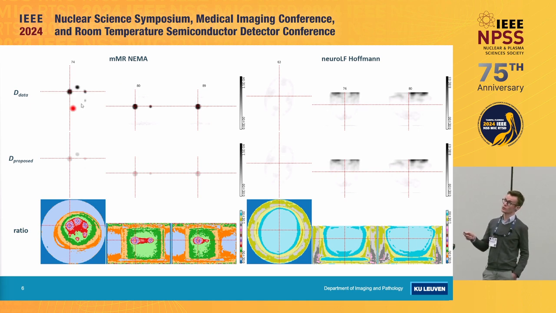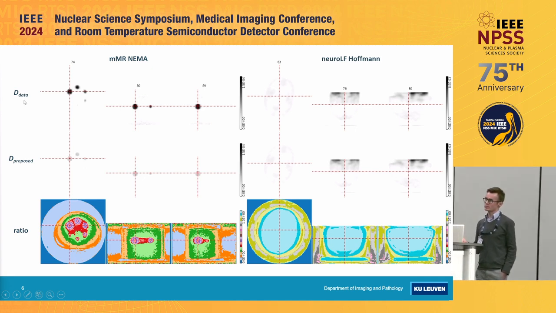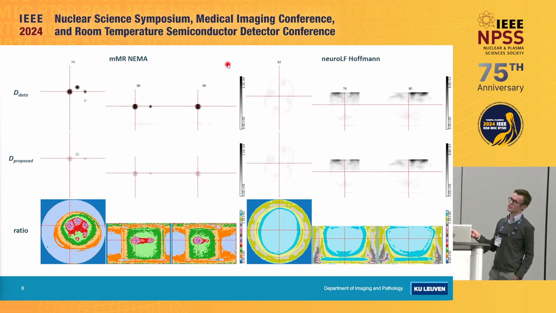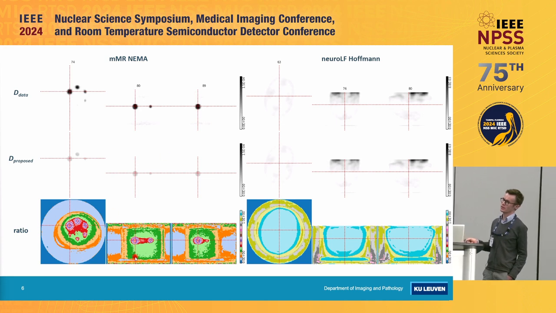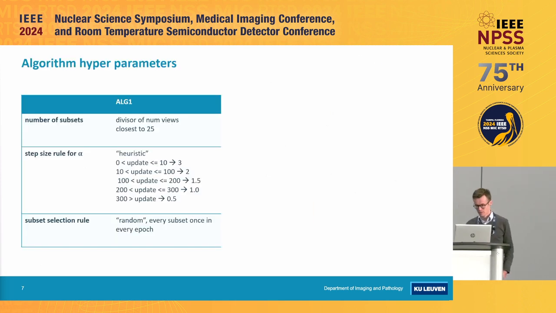If you do it with the NeuroLF Hoffman, you get convergence, right? In NeuroLF Hoffman, I think you can even get away with a scalar step size of 3 using the diagonal preconditioner, right? But that shows you that a good step size is strongly data set dependent, right? And we hope to capture that data dependency using that better preconditioner.